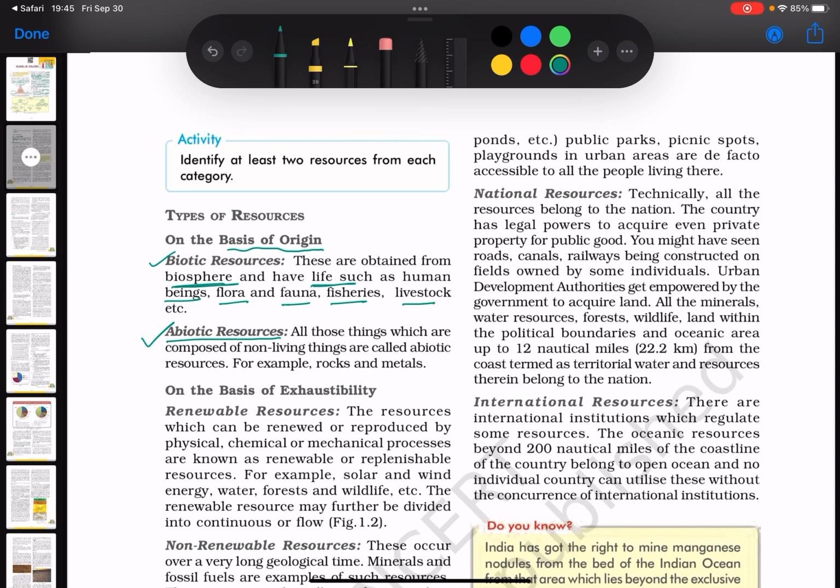Abiotic resources, on the other hand, are composed of non-living things, and therefore they are called abiotic. This includes examples like rocks and metals. So the key idea is that biotic resources come from the biosphere and have life, while abiotic are composed of non-living things, for example rocks and metals.